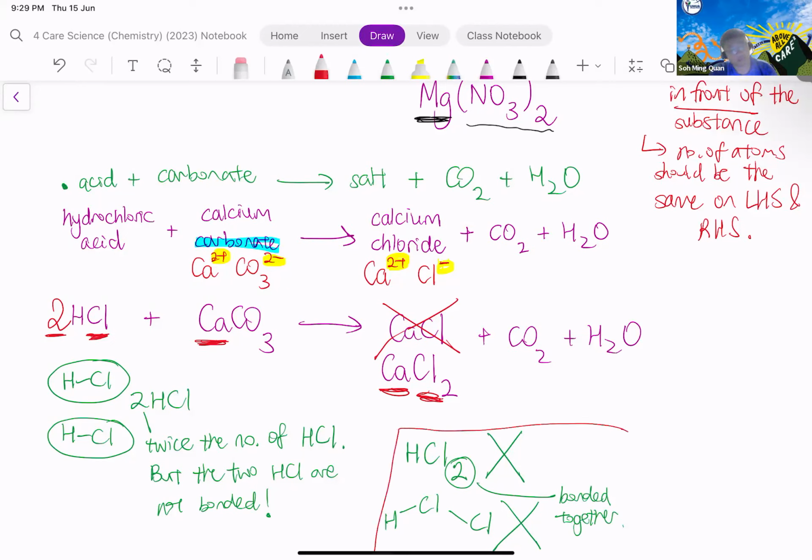Do not make this mistake. Wrong. All right. So please understand where the 2 is. The 2 in balancing must go in front, because what you're saying is that you have twice the amount of HCl.